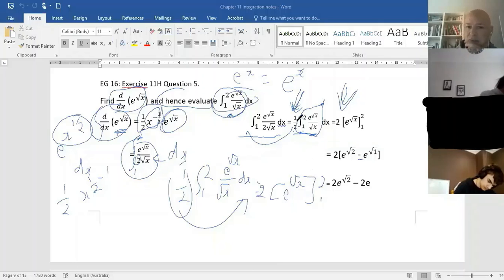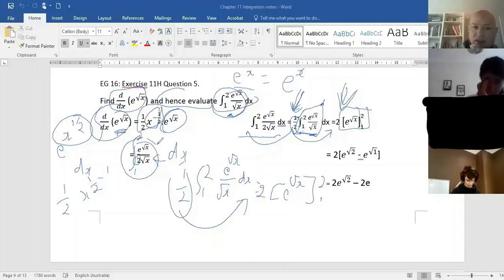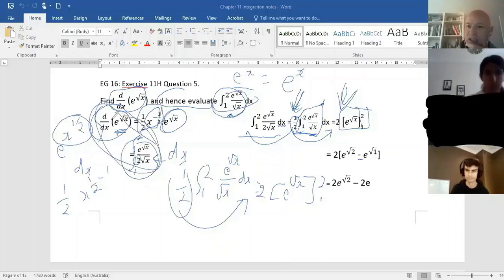Okay, so this divide by 2 here goes to the other side. Of course, divide becomes times. That's how we get the times by 2. This part, e to the square root of x, was from the previous part. Now we substitute our 2 in, so we get e to the square root of 2. Substitute our 1 in, e to the square root of 1. Remember, we always minus the 2 when we're doing that.